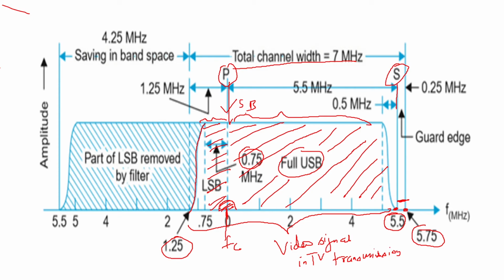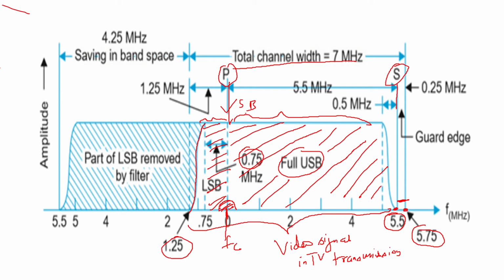Very clearly, in a TV transmission, the video signal is modulated using amplitude modulation. In that, we are not using double sideband suppressed carrier, double sideband full carrier, or single sideband, but a single sideband plus a part of another sideband. So it is called vestigial sideband.